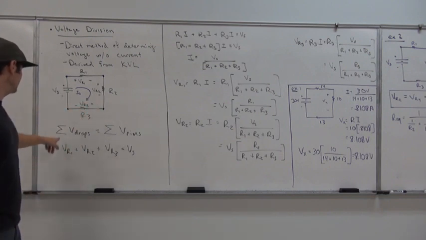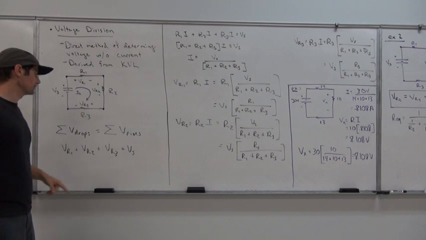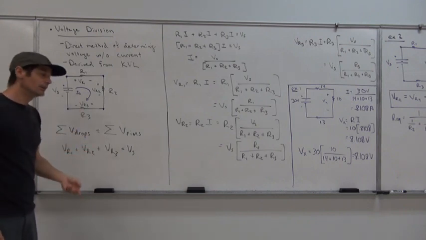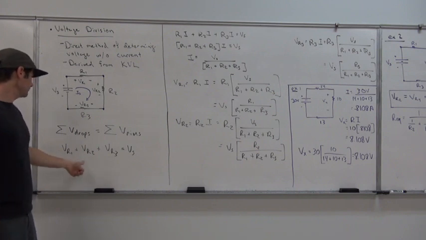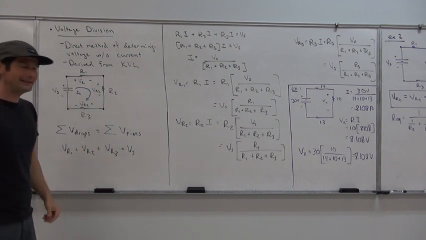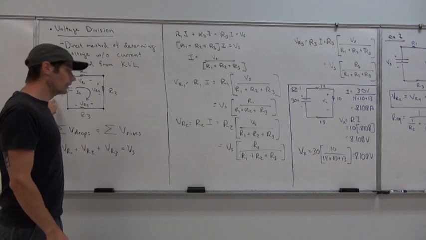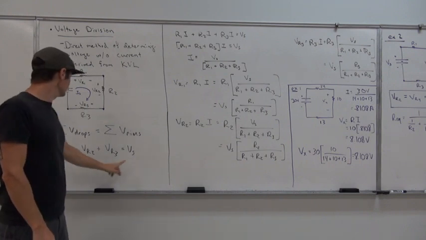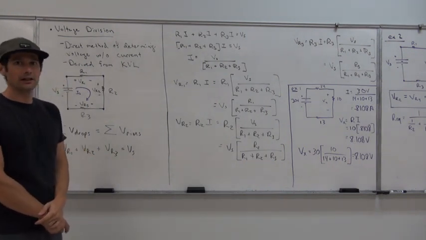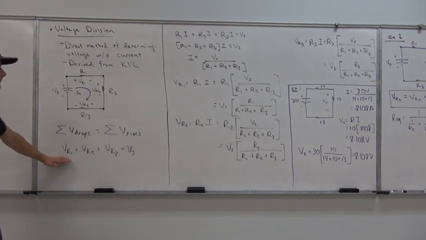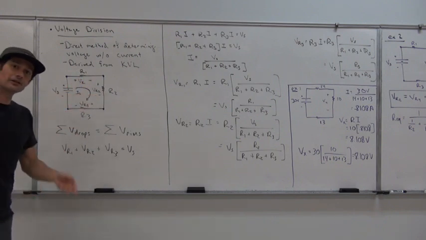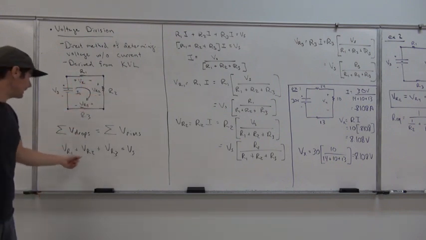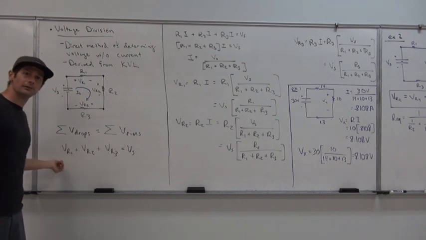So again, the sum of voltage drops equals the sum of voltage rises, and by KVL, going around this closed loop, the drops VR1 plus VR2 plus VR3 would equal the voltage rise. We only have one voltage rise here with one source, so that's going to be equal to Vs. What we did in the prior lecture was find these individual voltages by expanding this with Ohm's law for each element.